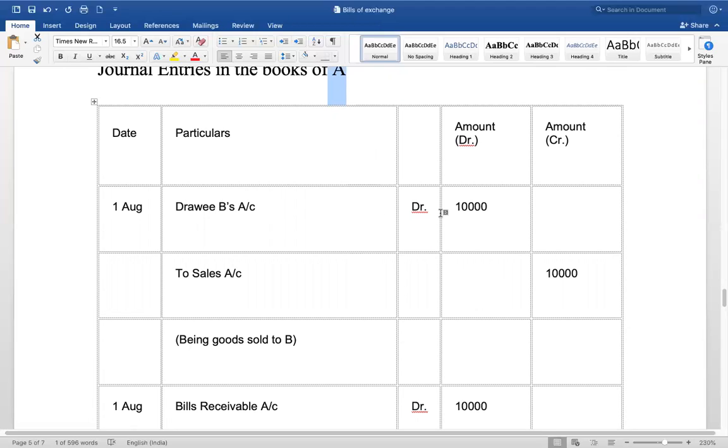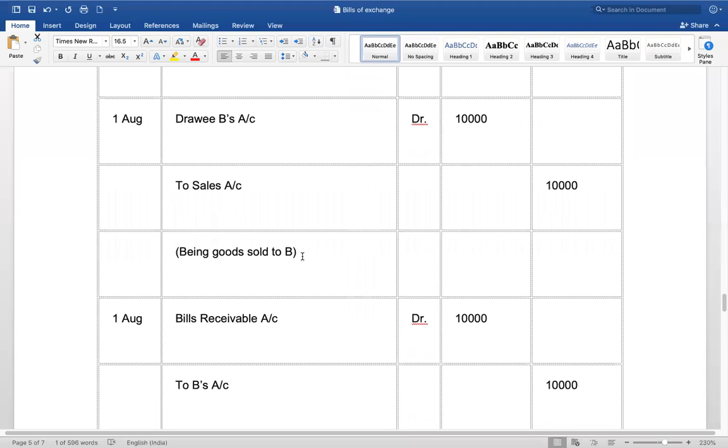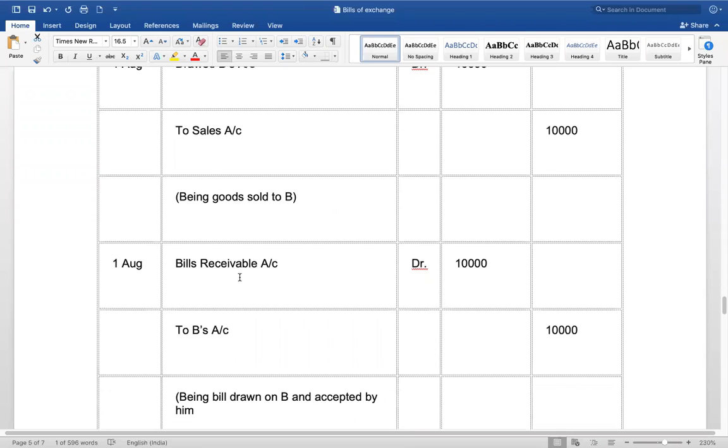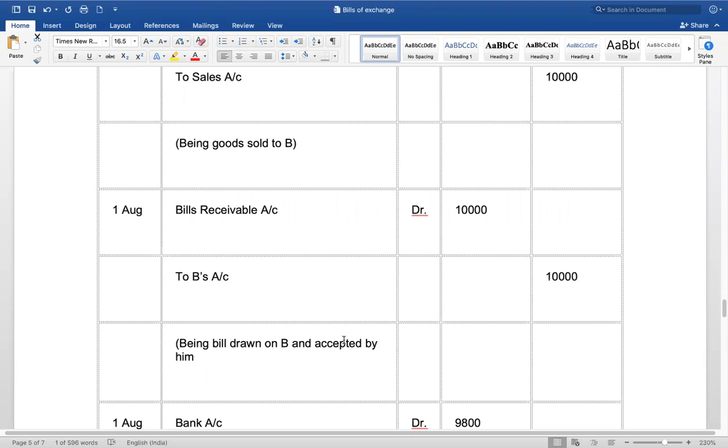B's account debit to sales 10,000, being goods sold to B. Bill receivable account debit 10,000 to B's account. Bill receivable to B 10,000.